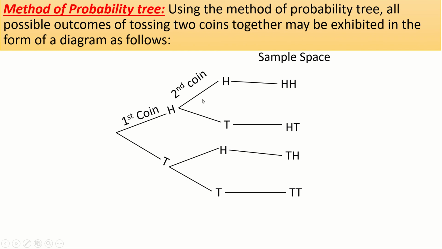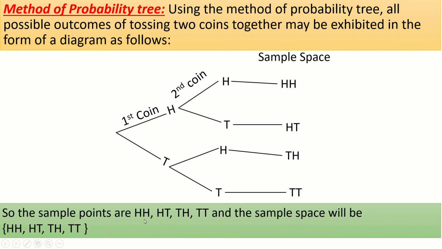Therefore, the sample points are HH, HT, TH, TT, and together this is the sample space, but each of them is a sample point. Clear? So the sample points are HH, HT, TH, TT, and the sample space will be HH, HT, TH, TT.